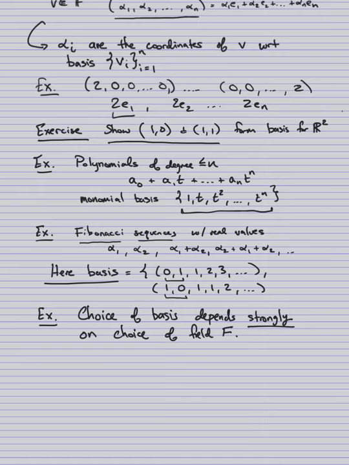So for example, the set R, as a rational vector space, does not have a finite basis.